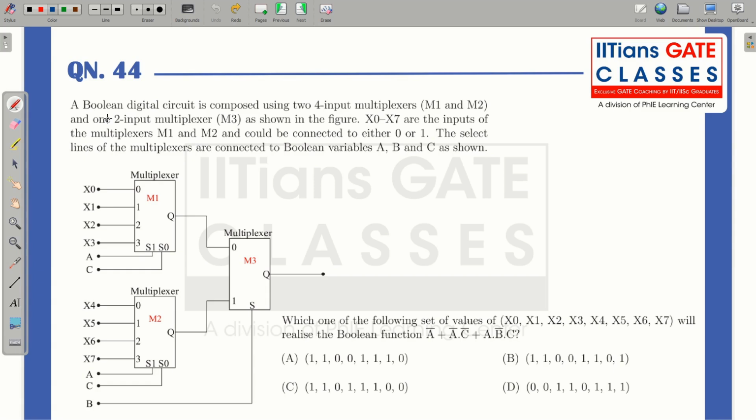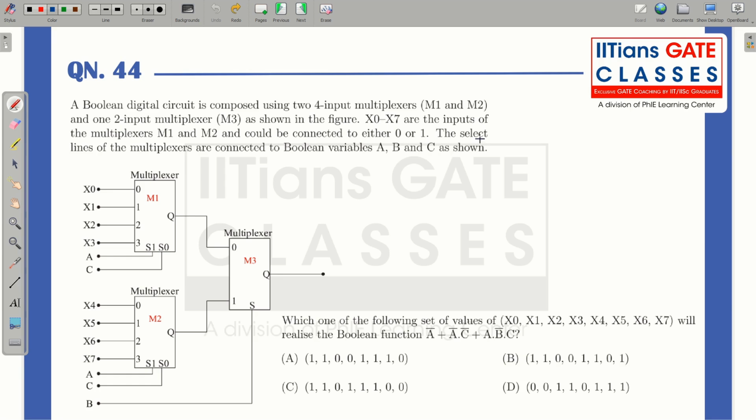So in the next question, this is a very good conceptual question that we have over here. A Boolean digital circuit is composed using two 4-input multiplexers M1 and M2. So these two are 4x1 multiplexers and one 2-input multiplexer M3 as shown in the figure. X0 to X7 are the inputs of the multiplexers M1 and M2 and could be connected to either 0 or 1.